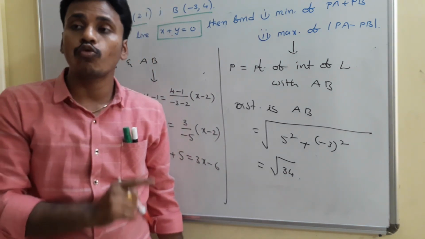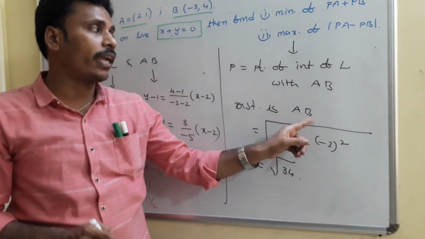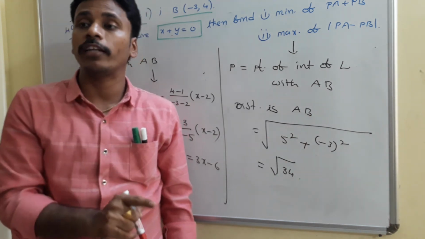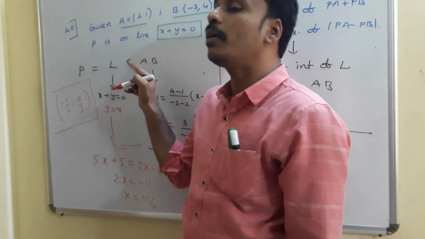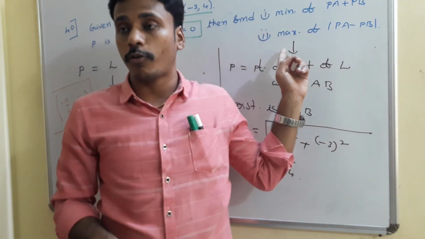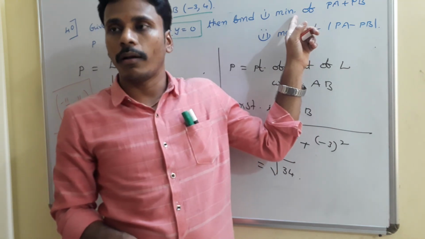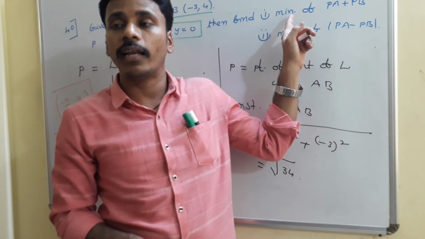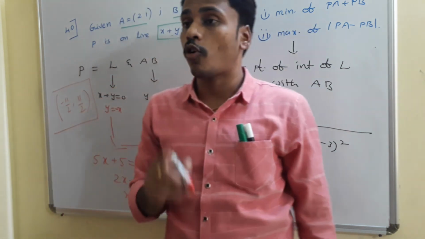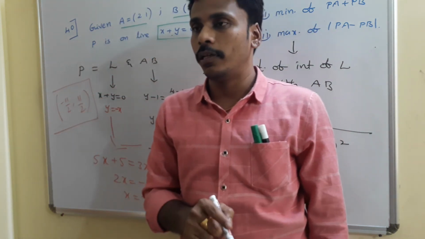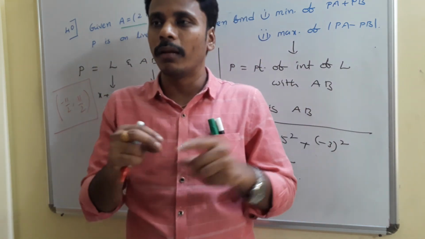If they ask you to find the distance, it is enough to find AB. If they ask you to find the point, you need to find the point of intersection of the line with AB in this case, whereas in the other case we won't find it, but if you wish to find that point, it is the intersection of line L with A dash B. The complete theory may be a little bit confusing.